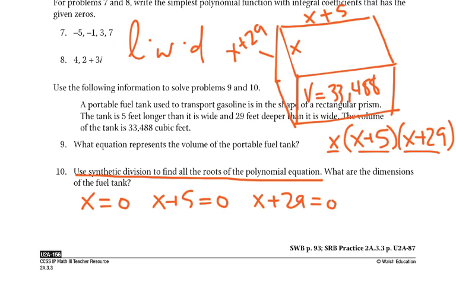So 0 would be one root, one x-intercept. Subtract 5, negative 5 would be another, and then negative 29 would be the third. Okay. But that doesn't make sense either, does it? Negative numbers when we're dealing with volume doesn't really make sense. So what more do we need here?